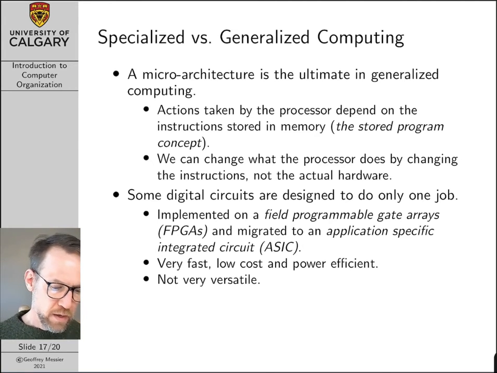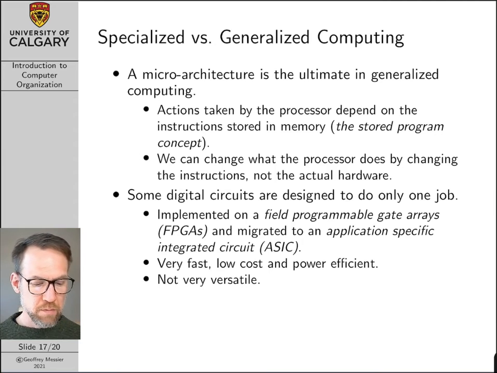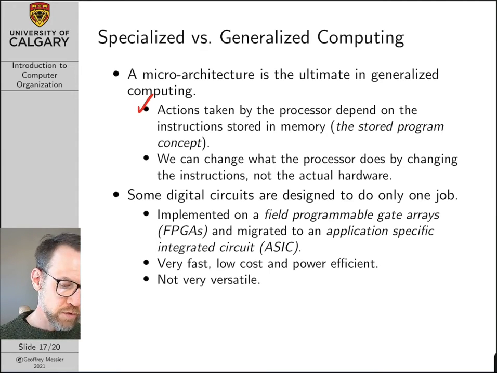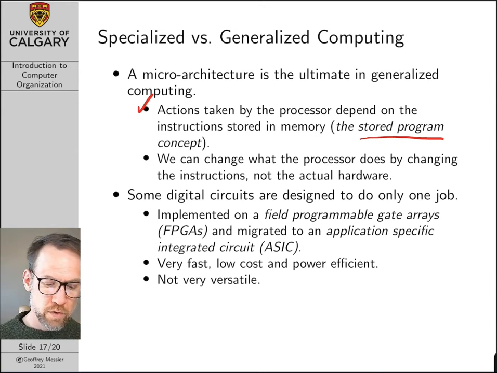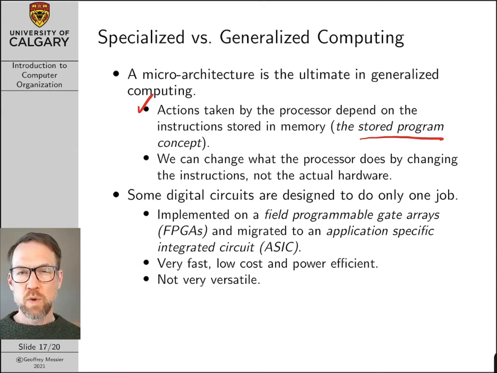And so the actions taken by the processor depend on the instructions stored in memory. This is known as the stored program concept. So what your processor actually does depends on the program that it's storing.